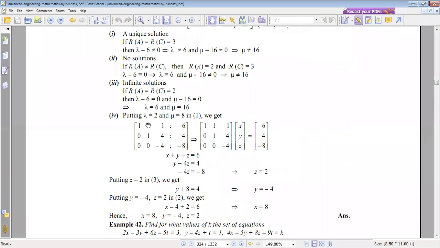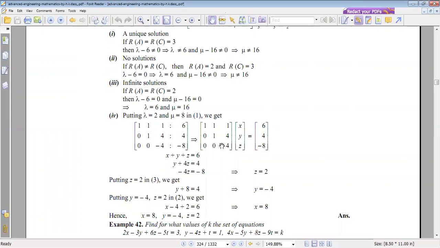Putting lambda equal to 2 and mu equal to 8, we got 0, 0, minus 4 and minus 8. After that, we can multiply this: 1, 1, 1; 0, 1, 4; 0, 0, minus 4, times x, y, z, which is equal to 6, 4, minus 8.